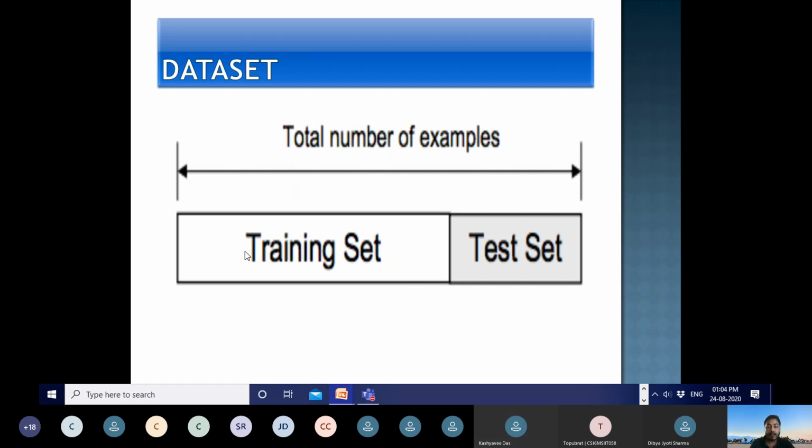Now for this moment, you just consider that you are dividing it into two sets: in one case training, and another is test.